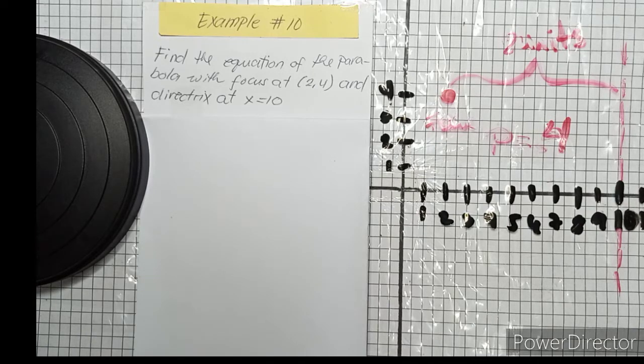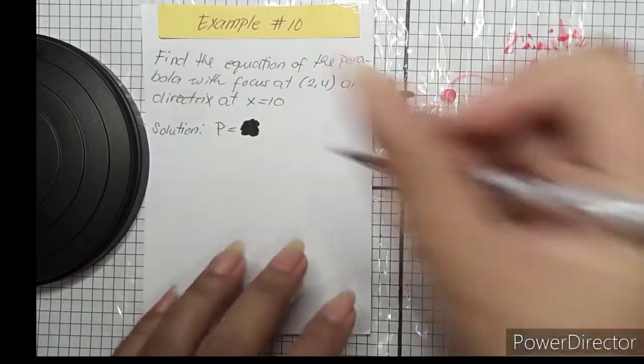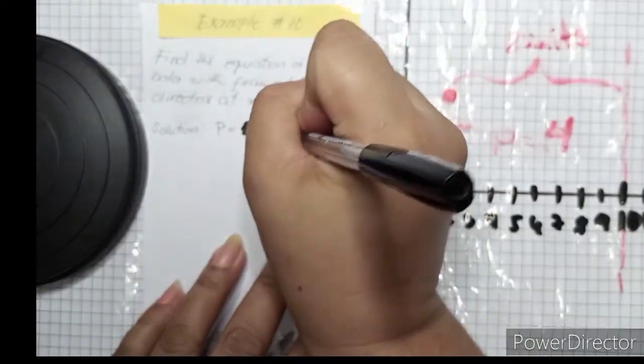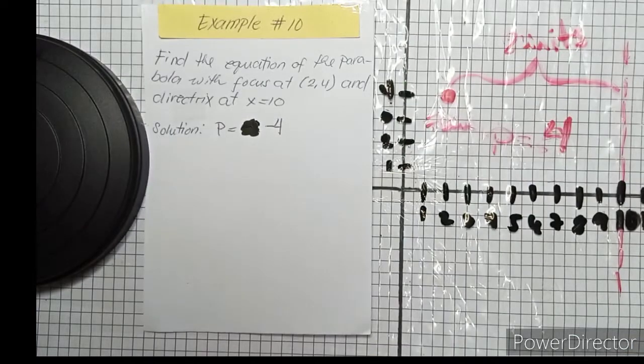Pag ang ating parabola opens upward and right side, ang P natin ay positive. So, rewrite na natin siya. So, negative 4 yun. Okay? So, ang P natin ay negative 4.